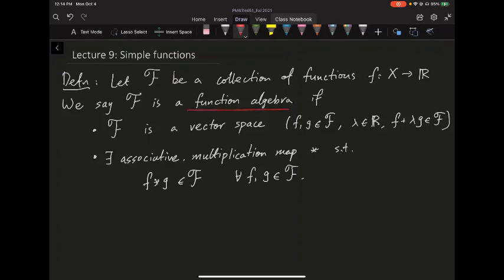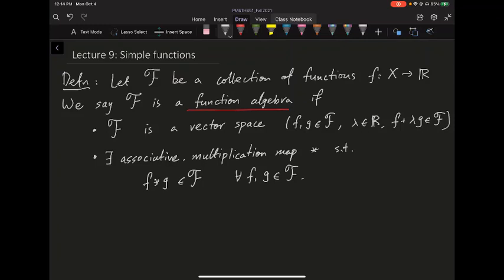Okay, so if you have taken some algebra course like ring theory or field theory, you probably notice this, in the pure algebra sense, is also called an associative algebra. So the multiplication is the associative map, and you have an underlying vector space.